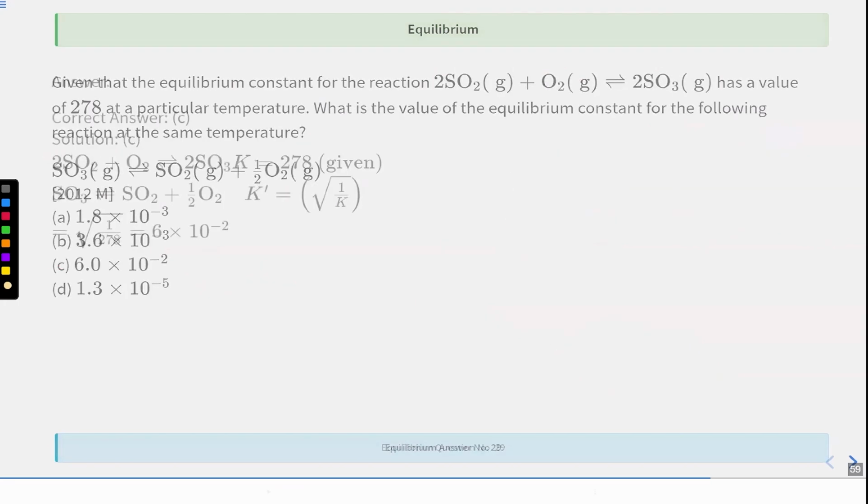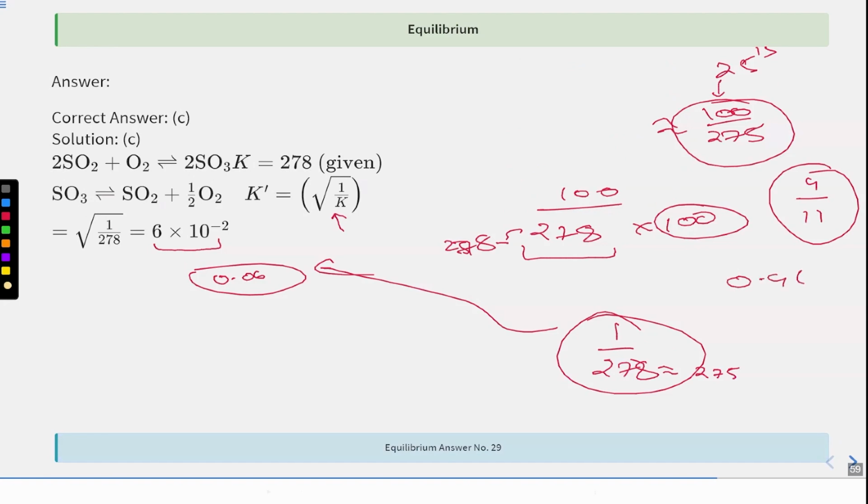Now whatever this is, it will be somewhere around there. This will come around, let's say, 0.44 something, right? Now you're taking the square root. For 0.44, the closest squares are 36 and 49, that is 6 and 7. So it will lie between 0.6 and 0.7.